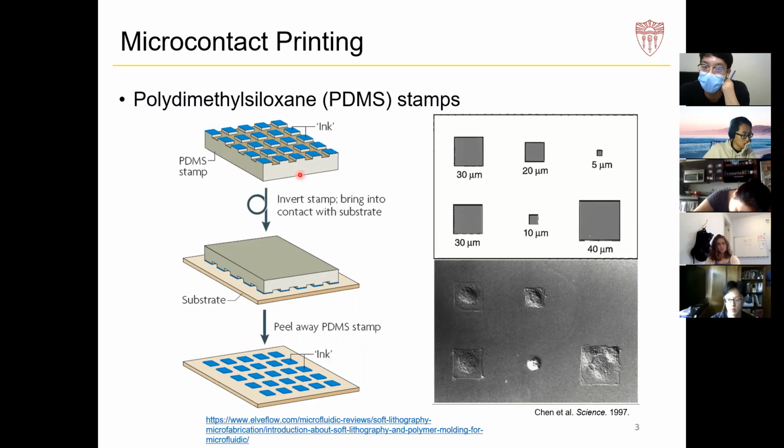We have these things called polydimethylsiloxane, or PDMS, stamps. PDMS is literally just a silicone material that's rubbery. So literally think of it as a stamp. And these stamps have miniature features in the microscale, whatever shape and size you design it to be.